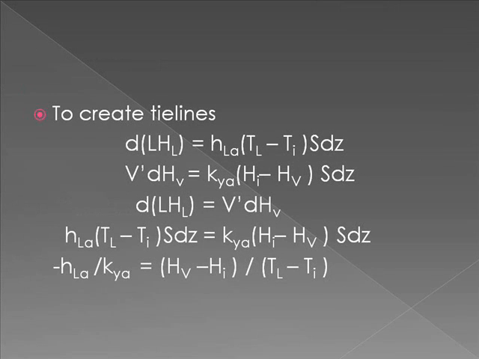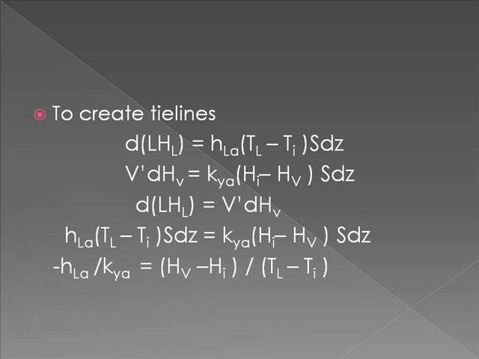To create tie lines, consider that the convective heat transfer in the liquid phase and the enthalpy mass transfer in the gas phase are equal. Recall that L dHL is equal to hL a (TL minus TI) S dZ, and V prime dHV is equal to kY a (HI minus HV) S dZ. Equating these two equations, we have hL a (TL minus TI) S dZ is equal to kY a (HI minus HV) S dZ.